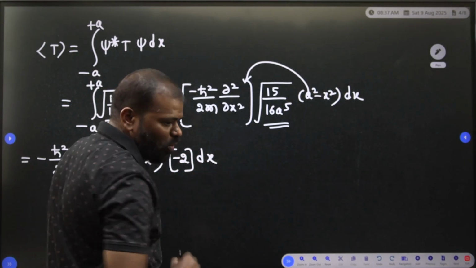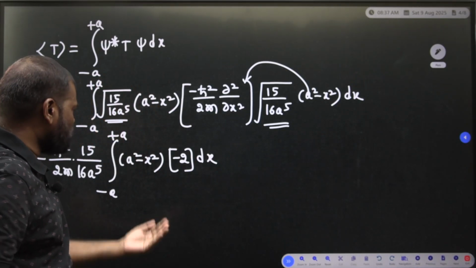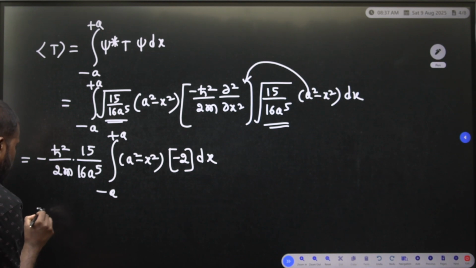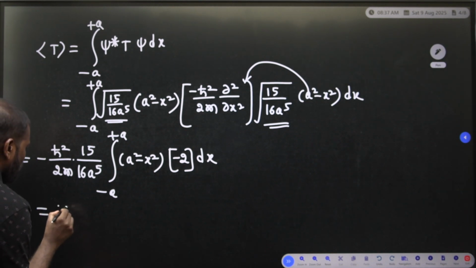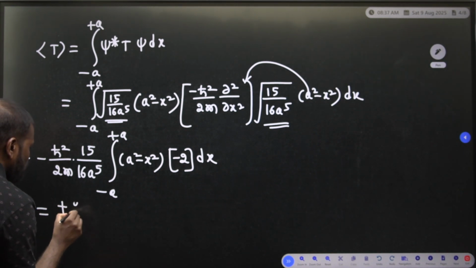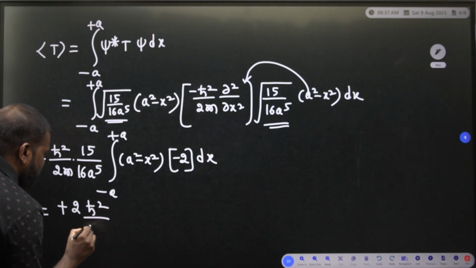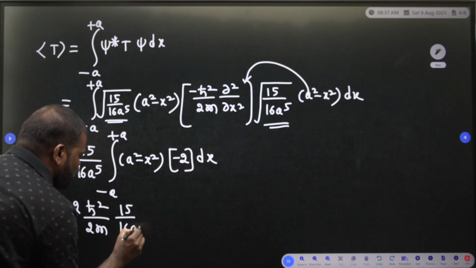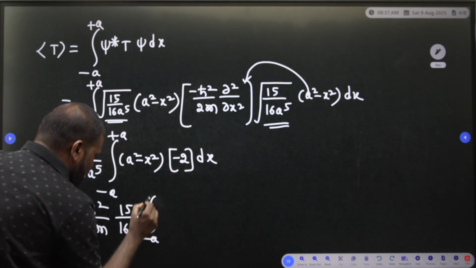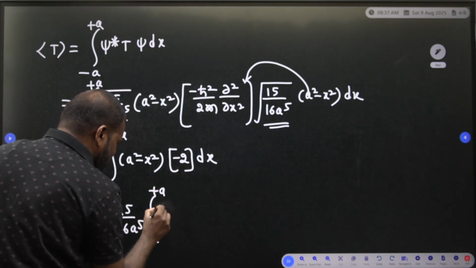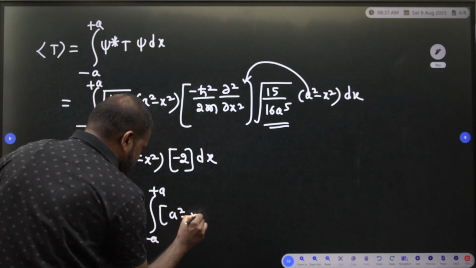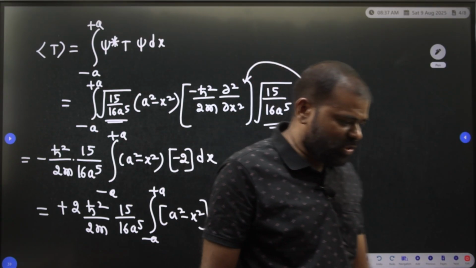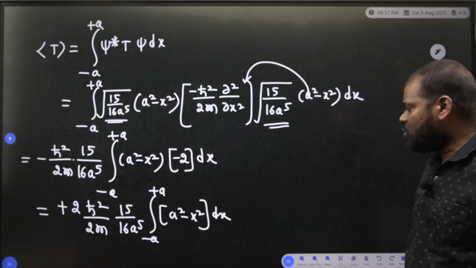So again you have to take minus 2 on this side. Minus into minus gives plus 2 into h cut square divided by 2m, 15 divided by 16 a to the power of 5, integral from minus a to plus a of a square minus x square into dx.